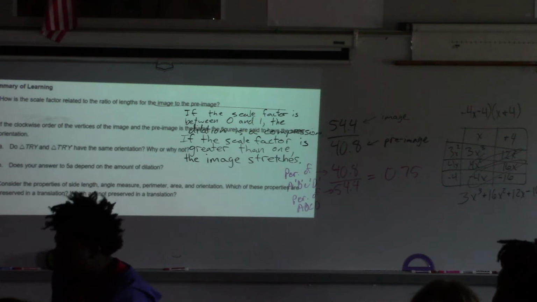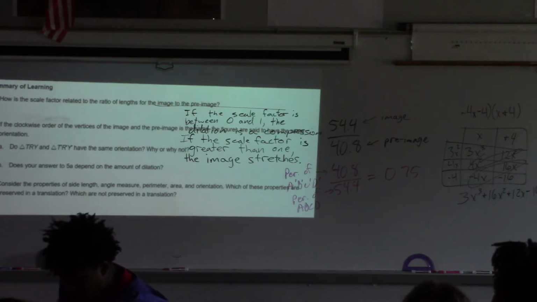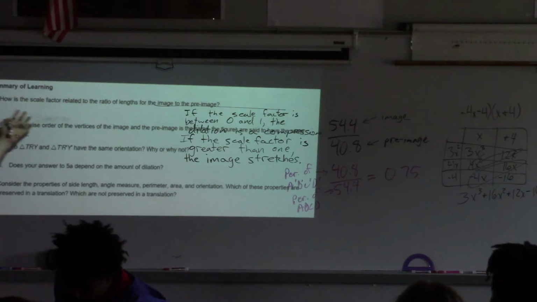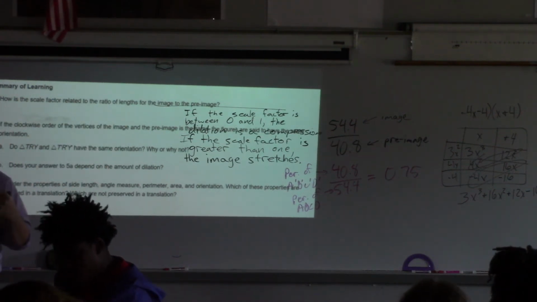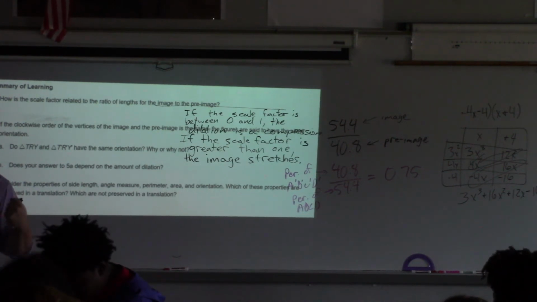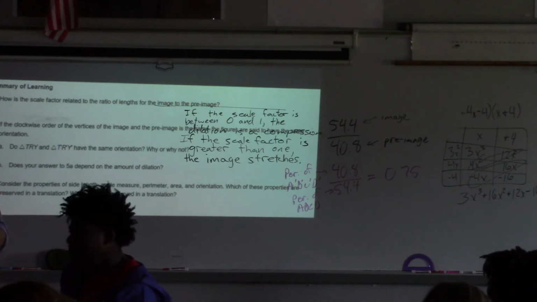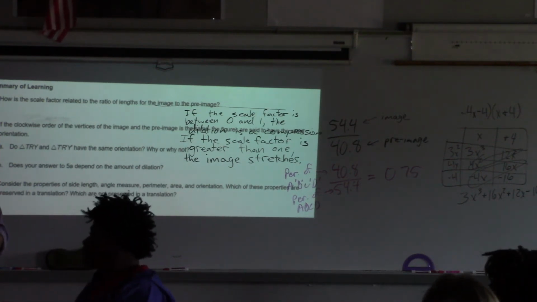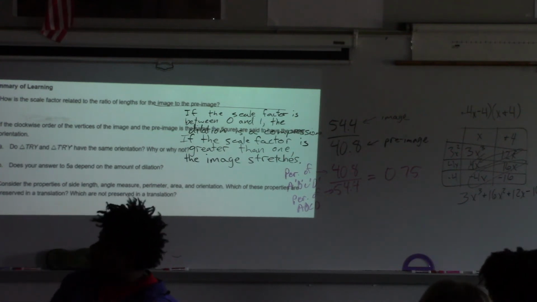Let's think about relations. They could be greater, they could be less than, they could be equal to, they could be not related at all.